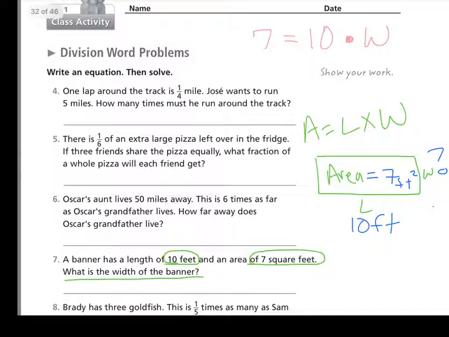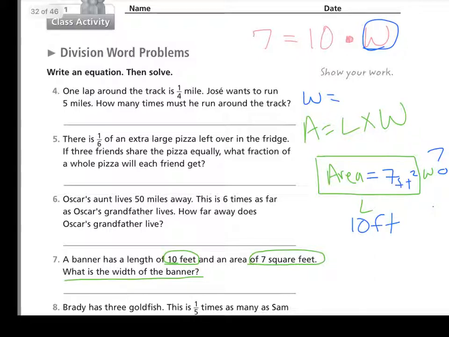So if we could somehow find out what W equals, or just somehow get W by itself on this side of the equation, then we would know what our answer is. And there is a way to do that, as I was just saying before, that as long as you do the same thing to both sides of the equation, then the equation is still true.